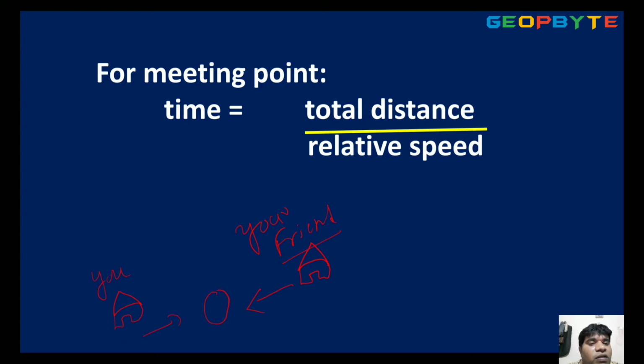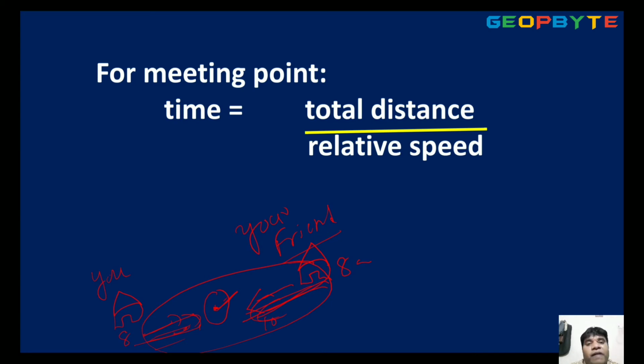This is the playground, your meeting point. For you it takes 10 minutes, for your friend also 10 minutes. So the time taken to meet at the playground is only 10 minutes. Both started at the same time, at 8 a.m. So 10 minutes and 10 minutes, same distance. Suppose the distance is different.